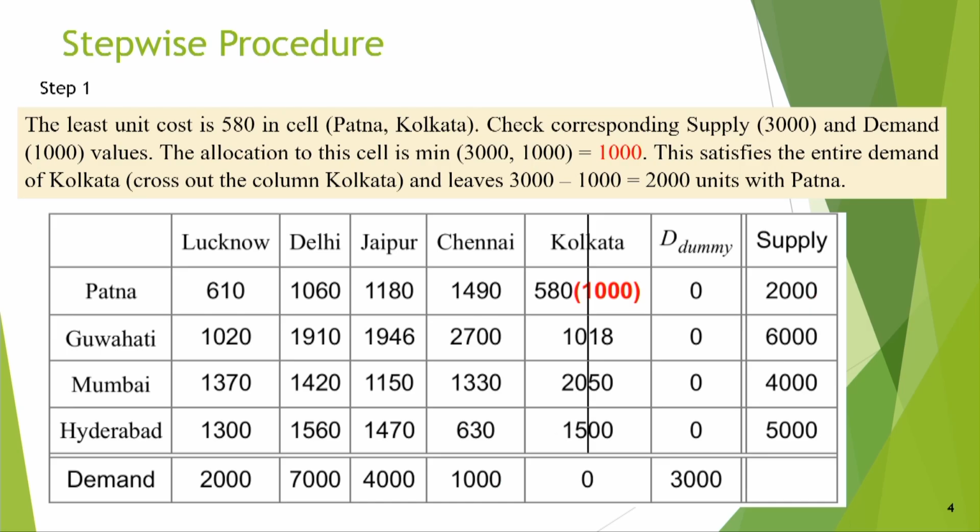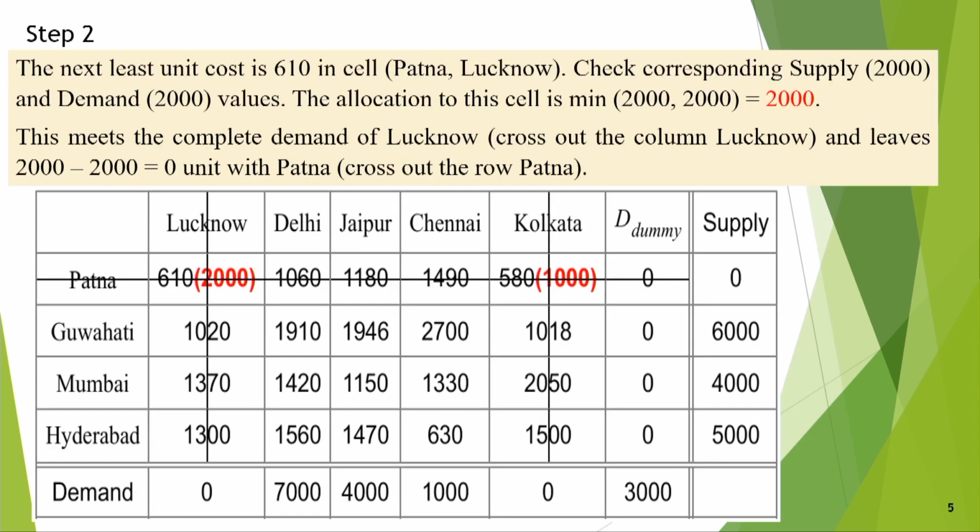Then again in the remaining cells you find out which is the least cost. Okay. So this is now the least cost. You can see of course the least cost was the dummy, but generally we supply to the dummy later on and we see only these costs here.